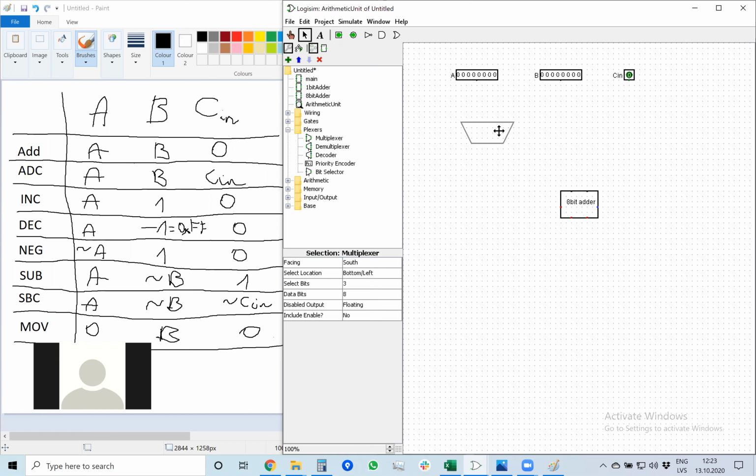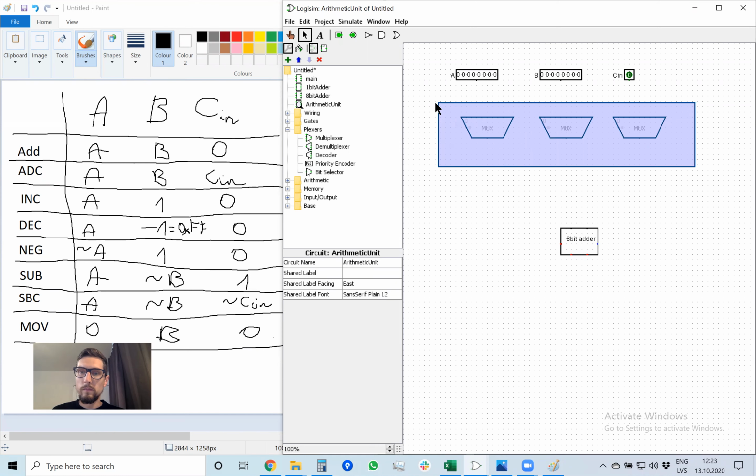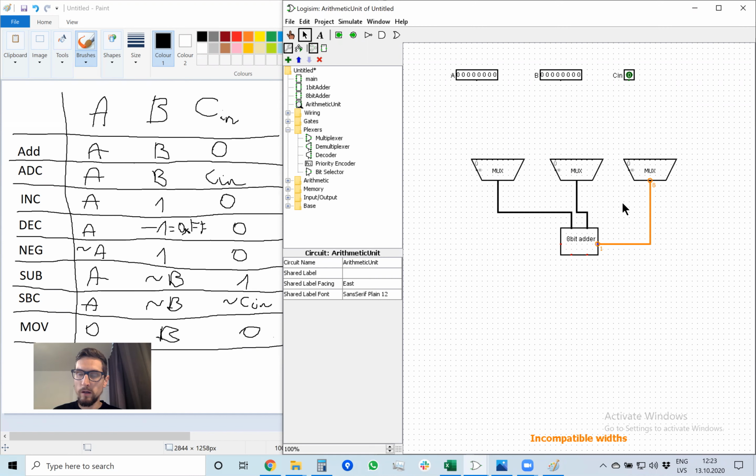So I will have one for A, one for B, and also one for C. So the output of A goes here, the output of B goes here, and the output of carry goes there. Oh, and this one is actually one data bit, it's just one carry bit.